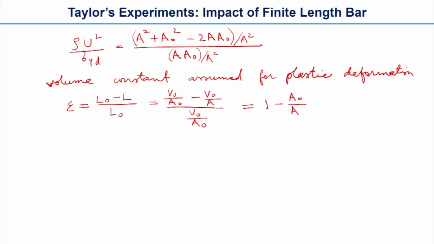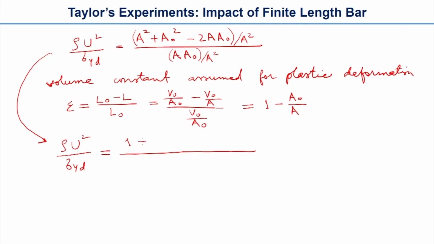So this above expression will give us (1 plus A naught by A) squared minus twice A naught by A, divided by A naught by A. From this, the numerator we can write as epsilon square, and the denominator is 1 minus epsilon.